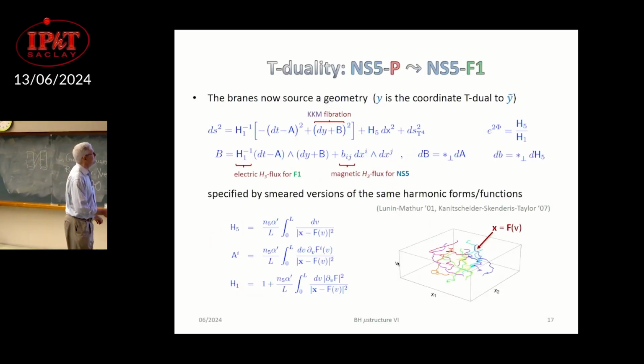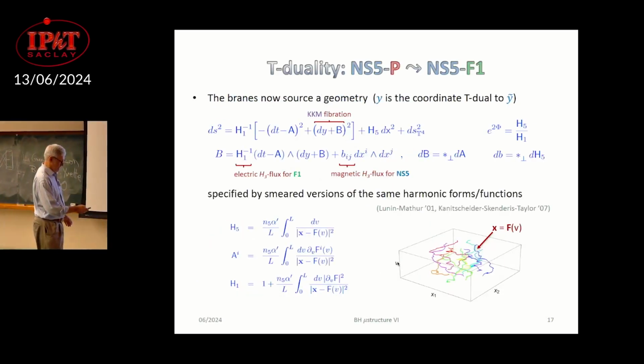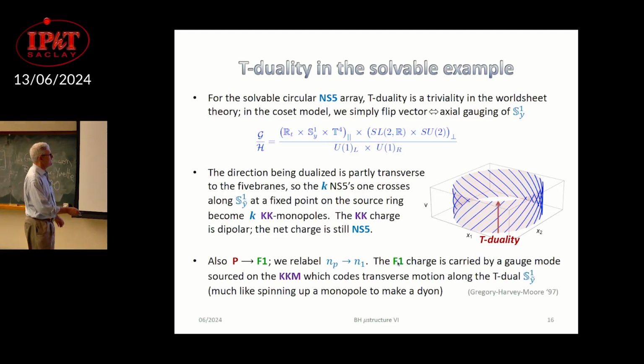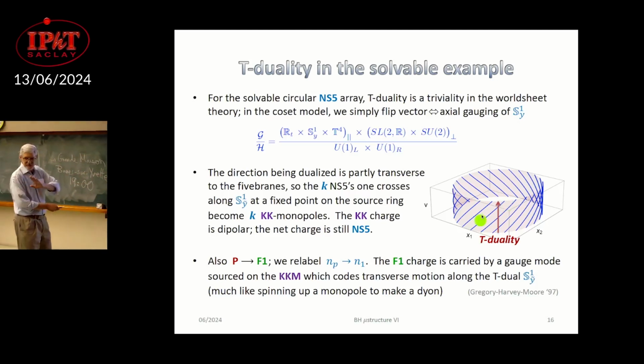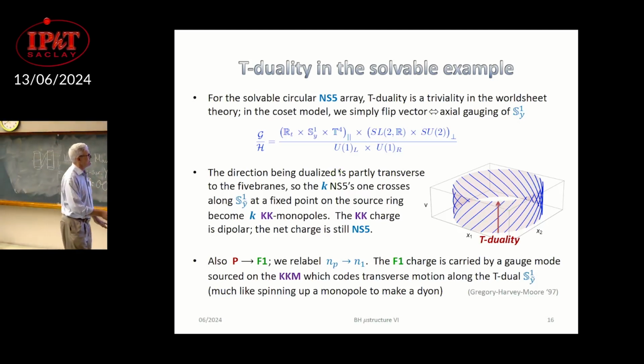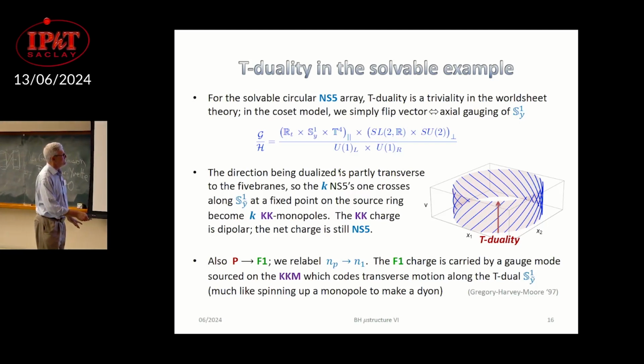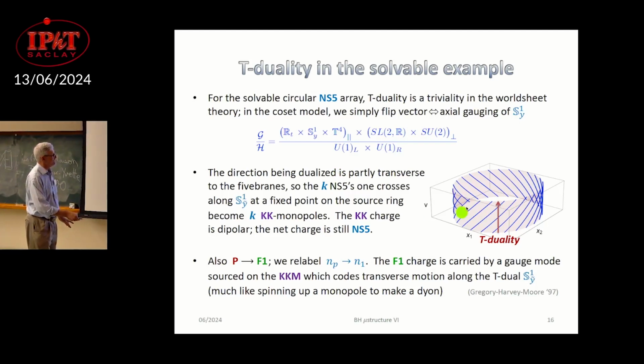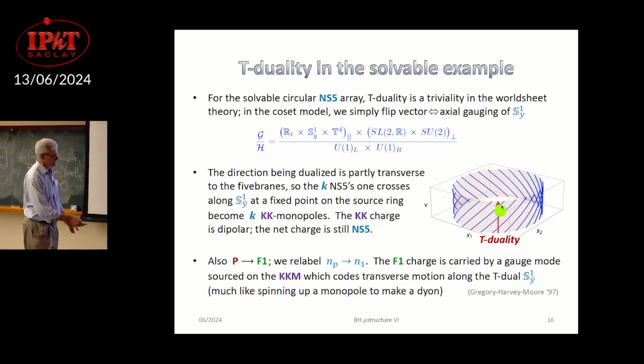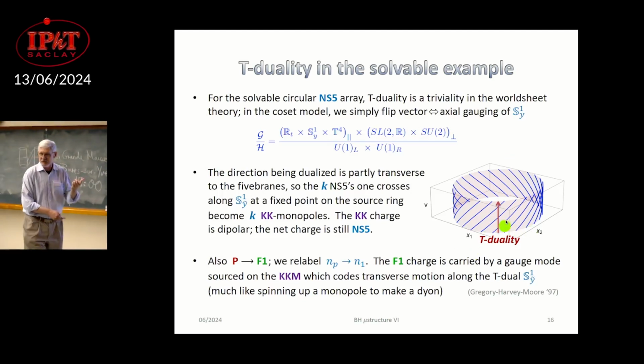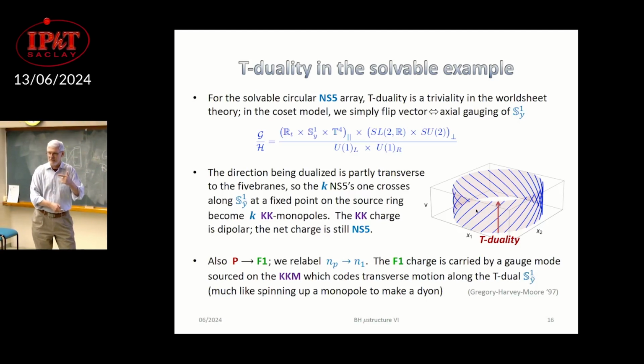You have to be careful because the direction you're T-dualizing is partly, so the fibranes are, it's most convenient to look at this nice round solution because then everything's very clear. And what's going on is the fibranes are wrapping some direction which is partly along the direction you're T-dualizing and partly wrapping some fictitious transverse circle. And so the thing you get after the T-duality is some mixture of KK monopole and fibrane.